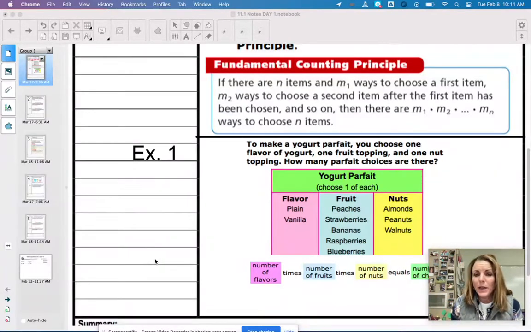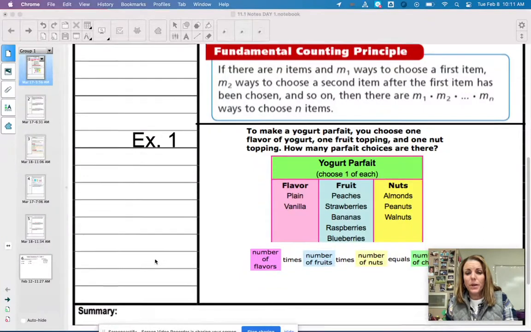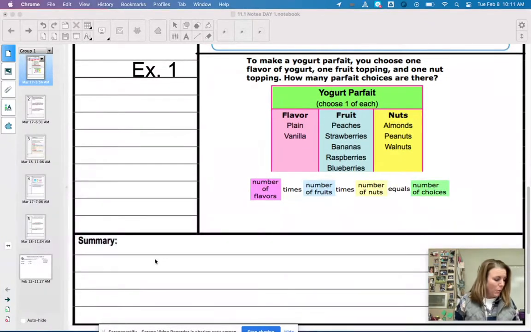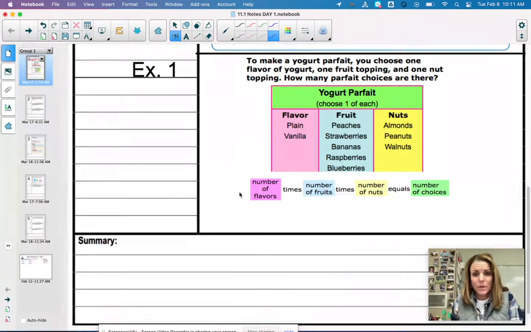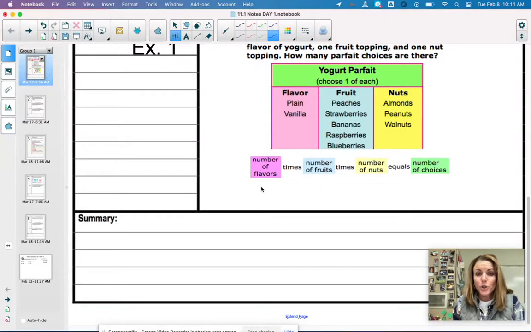For example, let's do example 1. To make a yogurt parfait, you choose one flavor of yogurt, one fruit topping, and one nut topping. How many parfait choices are there? To figure that out, there are 2 flavors of yogurt, there are 5 fruits, and we're multiplying these, and there are 3 different nuts.